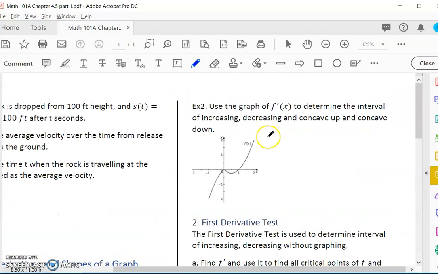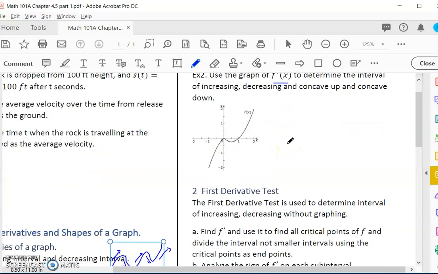Then we have the graph of, this is a very funny graph, f prime of x. And we have to determine when it is increasing, decreasing, and concave up and concave down. Okay, so f prime, not f. So when do we have the graph being increasing?